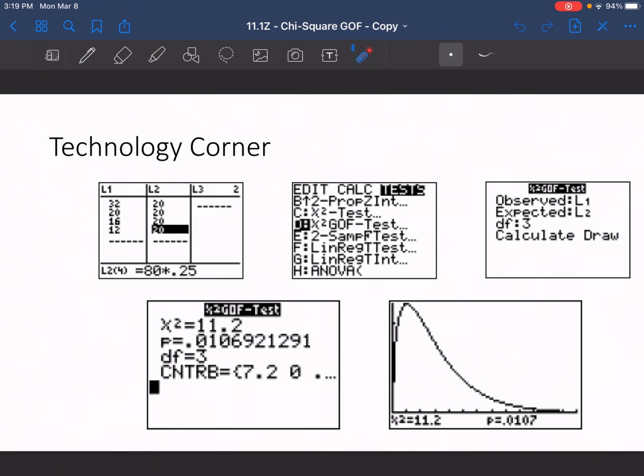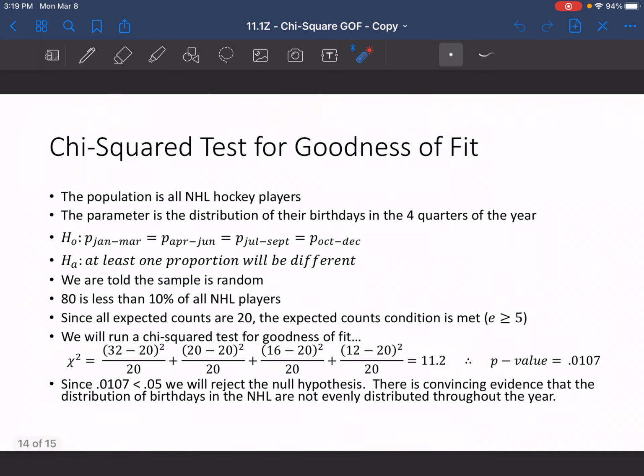From there, hit calculate, and that should give you your chi-squared statistic as well as your p-value. And if you wanted to graph it, you could graph it as well. So that gives us our chi-squared test for goodness of fit.